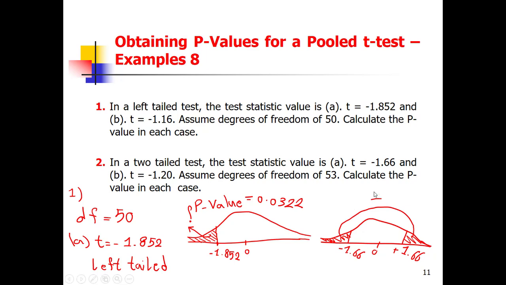So for this question here, these two shaded areas are my p-value. So what you can do, you can go to the z table for this z value, you can find the area on the left.